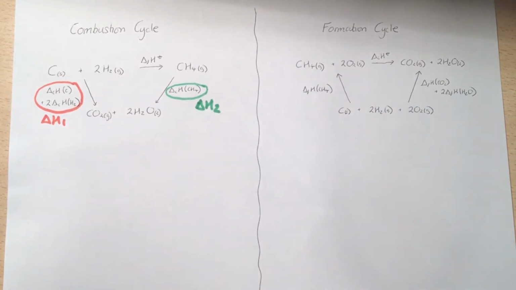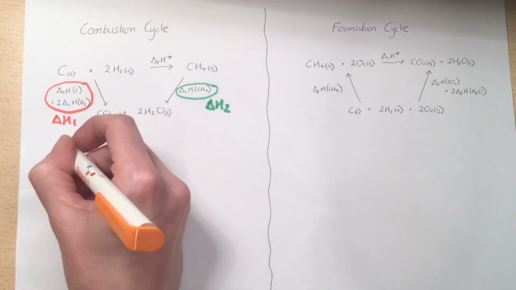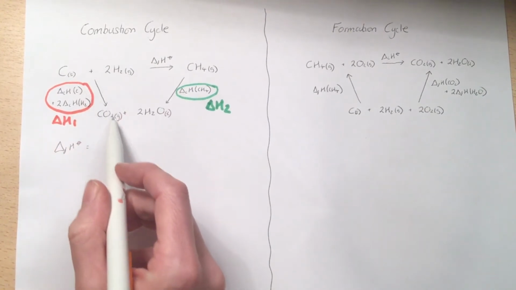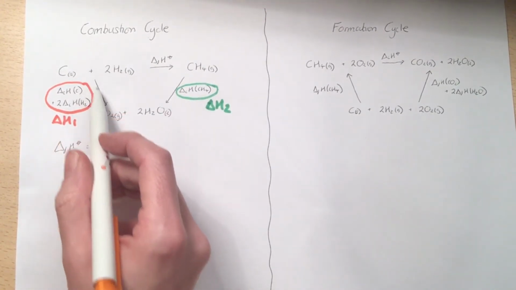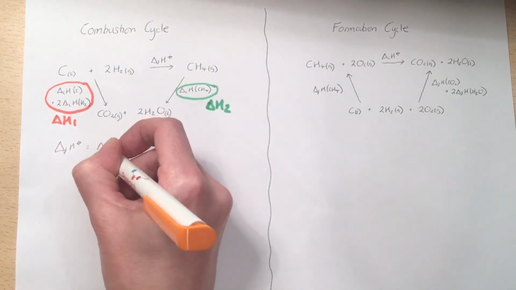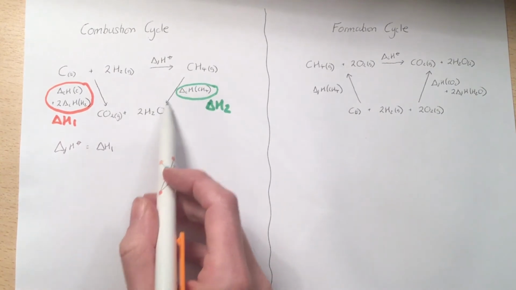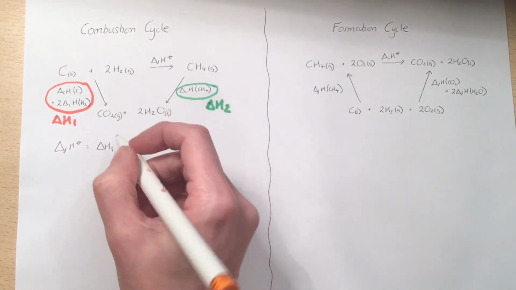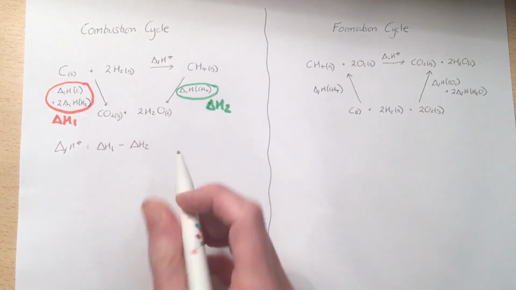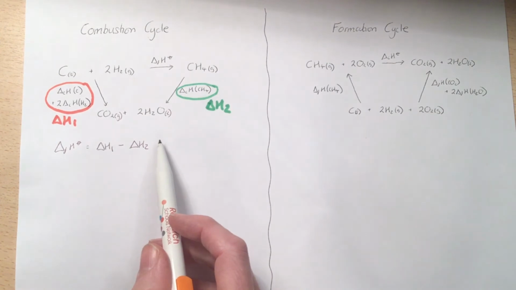And then to calculate our overall enthalpy change, we would be going the correct way down this arrow. So going down this arrow represents the combustion, so we leave the signs as they are. And then we go the wrong way down this arrow, so we would do minus the delta H2 because we are going the wrong way down that arrow.